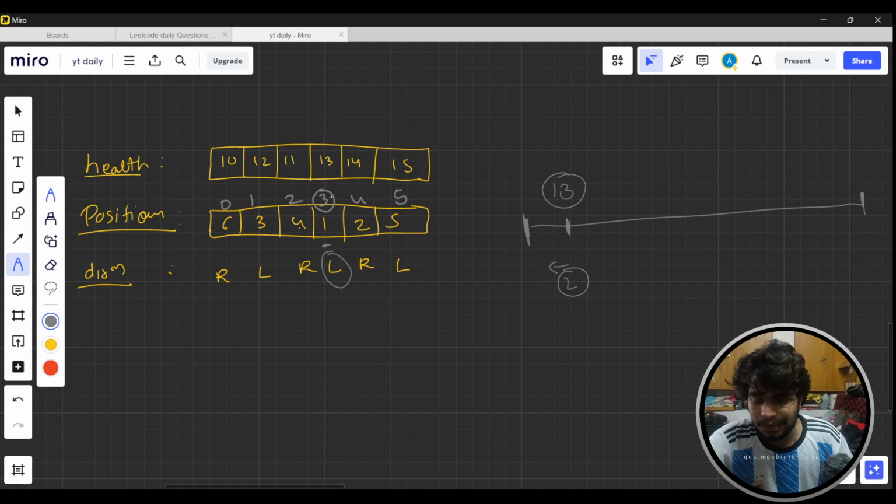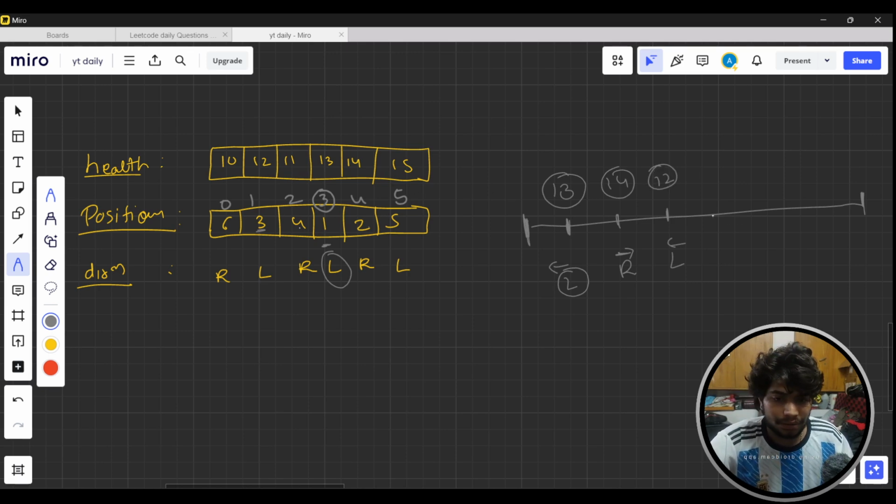Okay, the second robot is this, its health is 14 and it is moving in the right direction. The next robot is this, it is moving in the left direction with the health of 12.